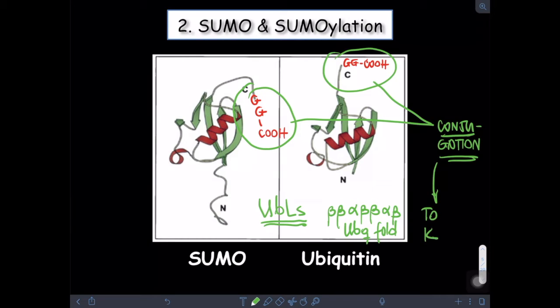The best known member of the UBL family of proteins is ubiquitin.